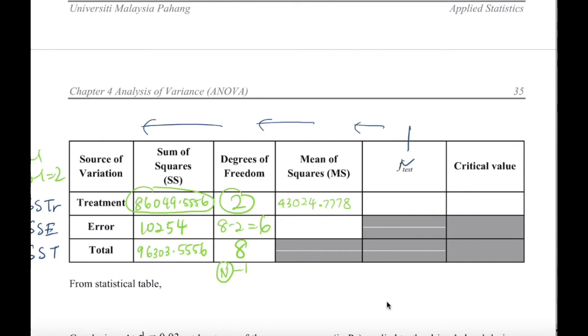Now mean square of error: 10254 divided by 6, so you will get 1709. So how do we get the F test? MS treatment divided by MS error.